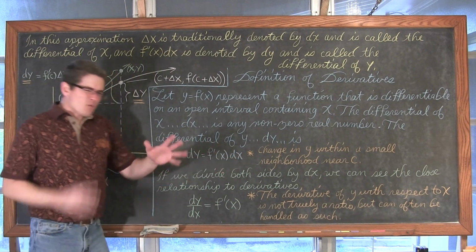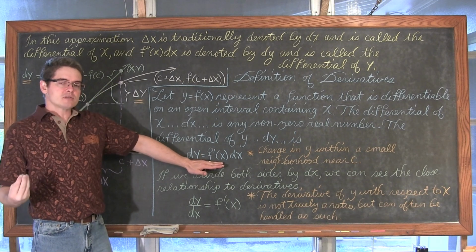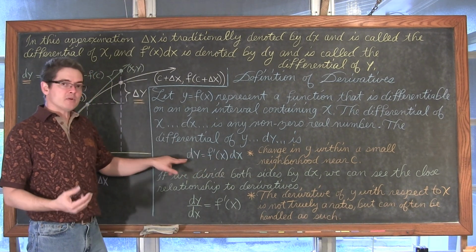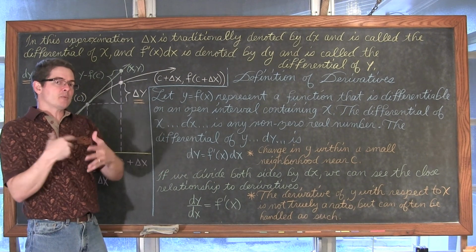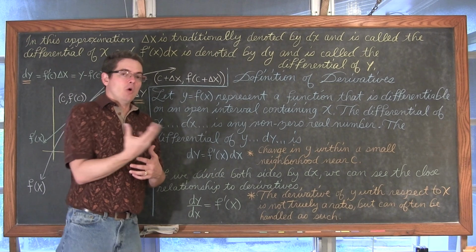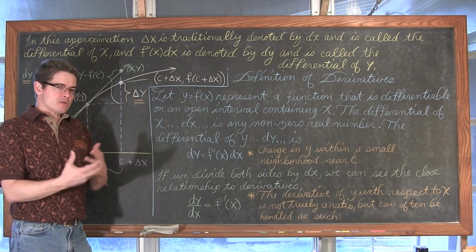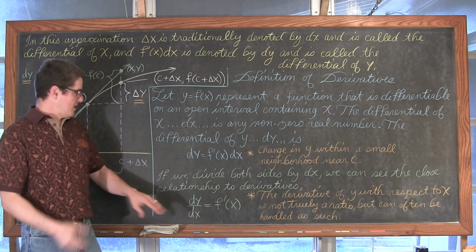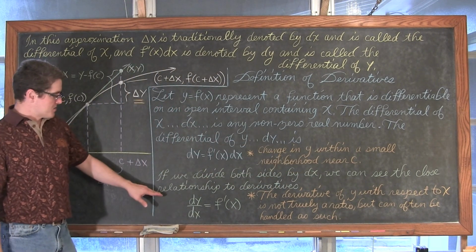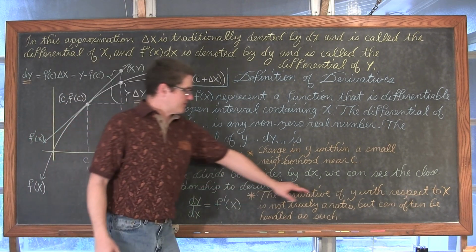Just to have some kind of relationship with the previous math that we've learned, if we take this and divide both sides by dx, it's not really exactly correct, but it's a good technique that helps us remember this formula, just like it also helps us explain and remember the chain rule. If we divide both sides by dx, we can see the close relationship, at least as far as the notation is, to that of derivatives.